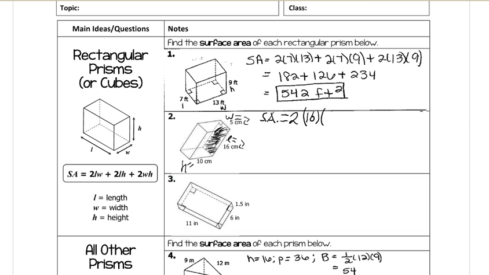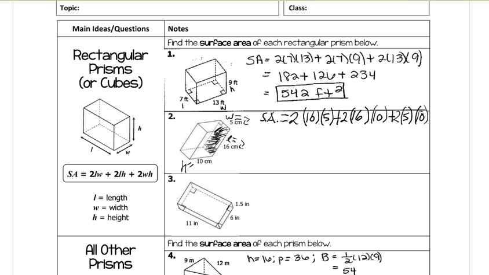And then it's going to be W, which is 5, plus 2 times my L, which is 16, times my H, which is 10, plus 2 times, again, W is 5, and then my height is 10. This is how you set it up.